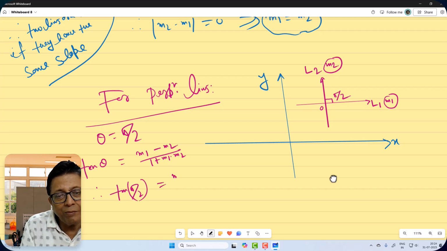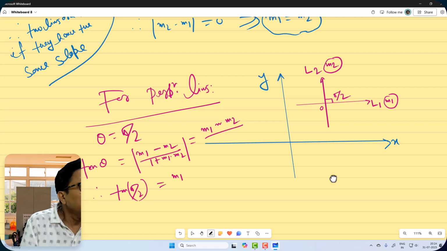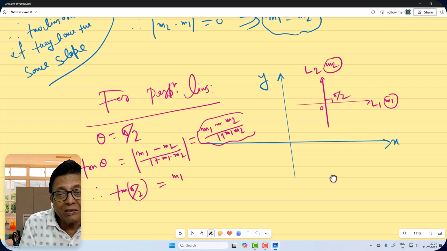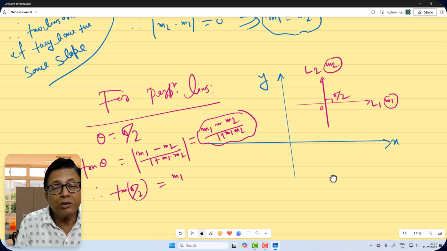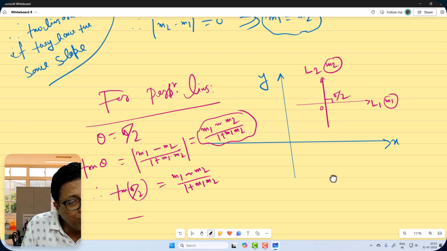Tan pi by 2 will be, one thing you can write, in some books you will find they are writing m1 difference m2, meaning whichever is larger you take first, divided by 1 plus m1 m2. Somehow you need to make this one positive. So there will be m1 minus m2 by 1 plus m1 m2. I am taking the difference, maybe m2 minus m1, maybe m1 minus m2.